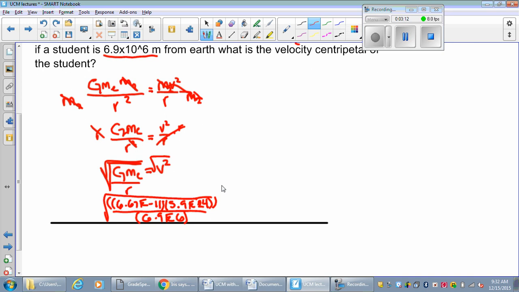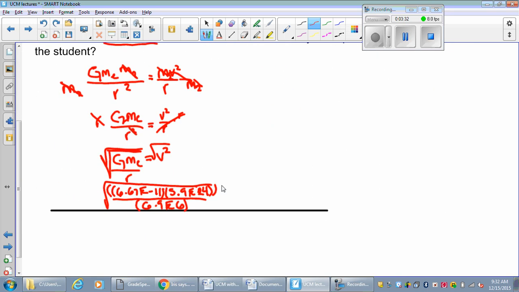Square root, double parenthesis, 6.67 E negative 11, close parenthesis, open parenthesis, 5.97 E24. You can't leave out little decimals in this one because you're going to mess up your number big time. Divided by parenthesis 6.9 E6, close parenthesis.